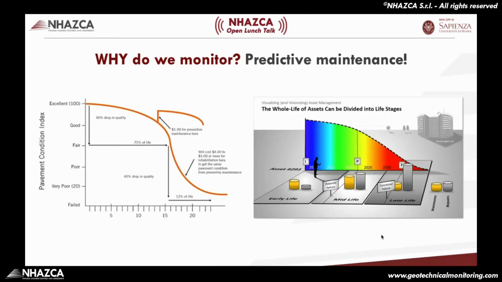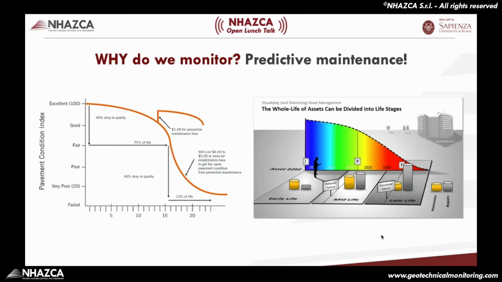But there is another reason that I think should be one of the most brilliant in the future, and it is what is called predictive maintenance. This is a reason that is becoming more and more important in the last years, but to be honest, I think it was so much underestimated and underused in the past.